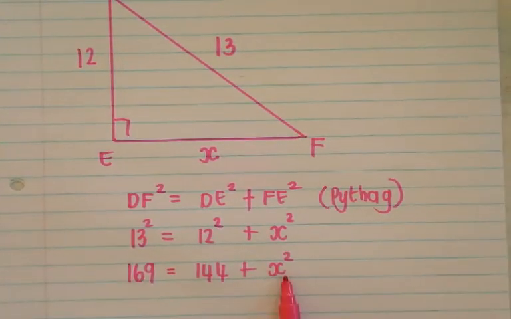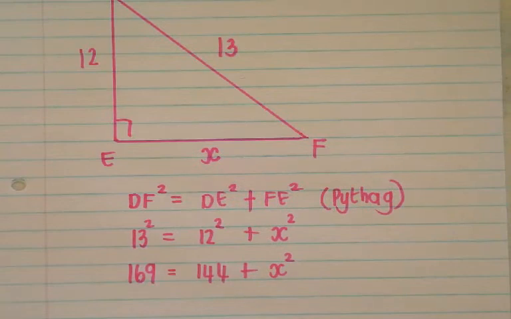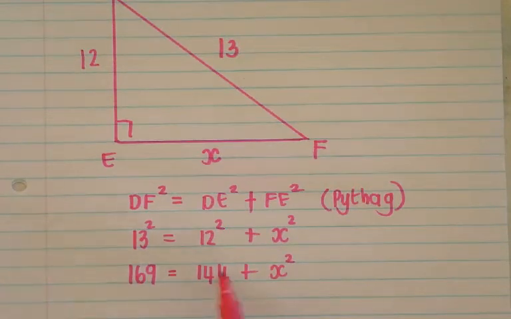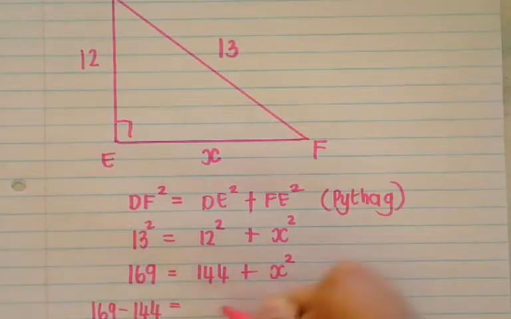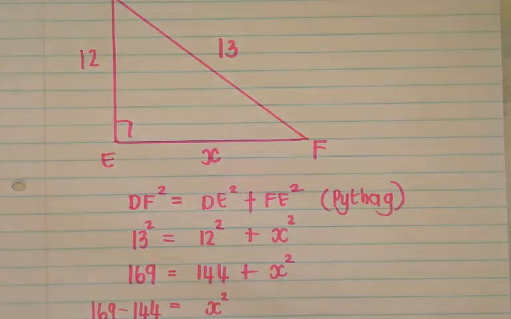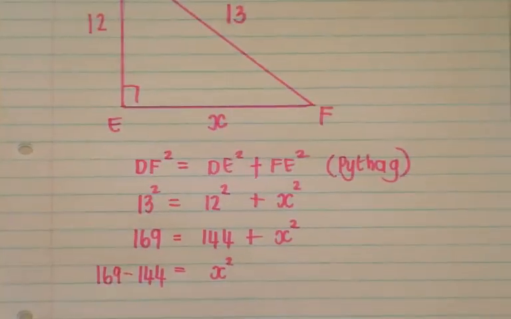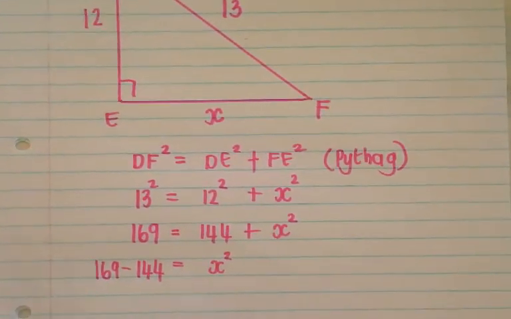I want x squared by itself. Dylan? And then we're minusing. So 144 is plus, I take it over, becomes minus 144 equals to x squared. 169 minus 144 is equal to? 25.